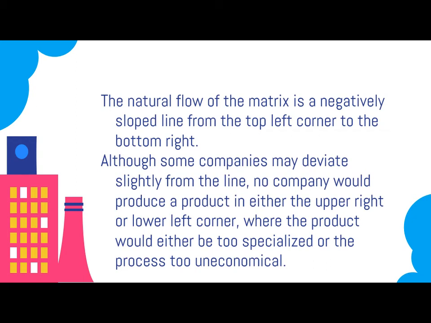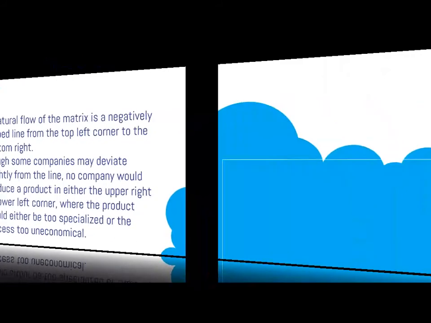Although some companies may deviate slightly from the line, no company would produce a product in either the upper right and lower left corner, where the product would be too specialized or the process too uneconomical.